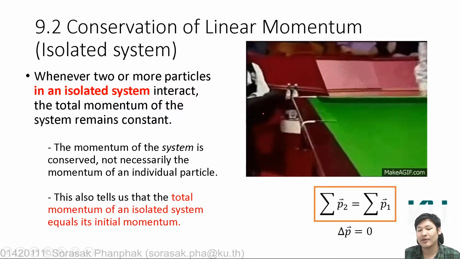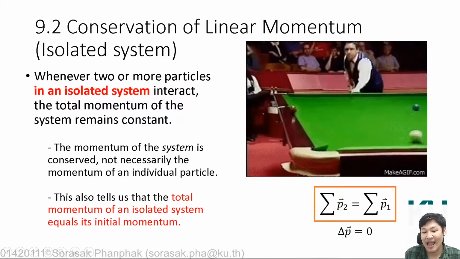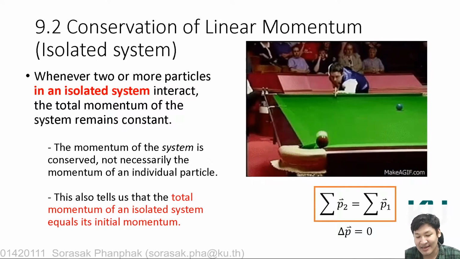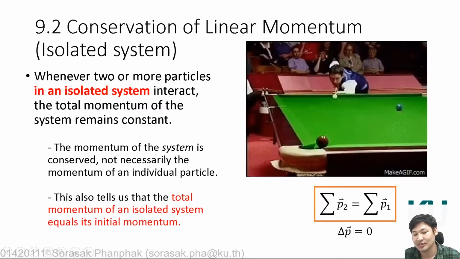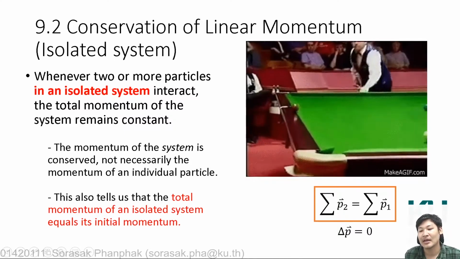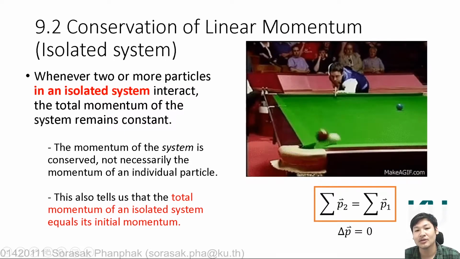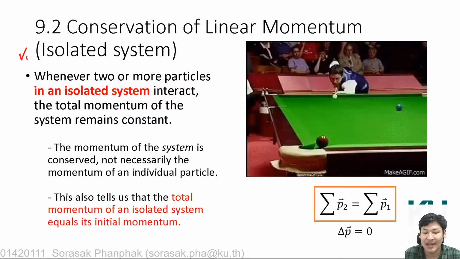We did talk about the conservation of linear momentum already, but what I have to say is that you have to consider the thing that happened before a collision and after the collision, or even in between, the total linear momentum is going to be exactly the same. This is an example of an isolated system.